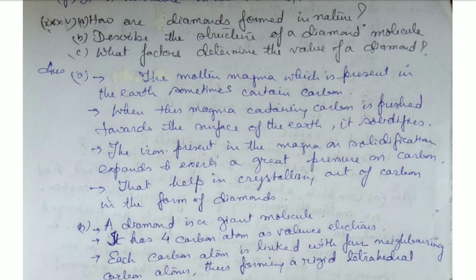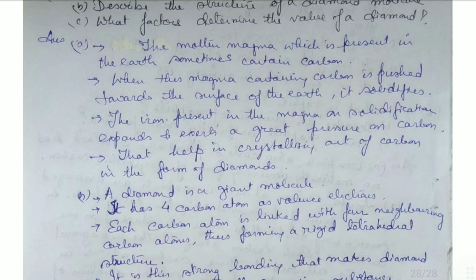Colorless diamonds are much more valuable than the colored ones, because they are the pure forms of diamond. The diamonds which are colored, or even the black diamond, are very cheap, because they contain many impurities and are not so transparent.